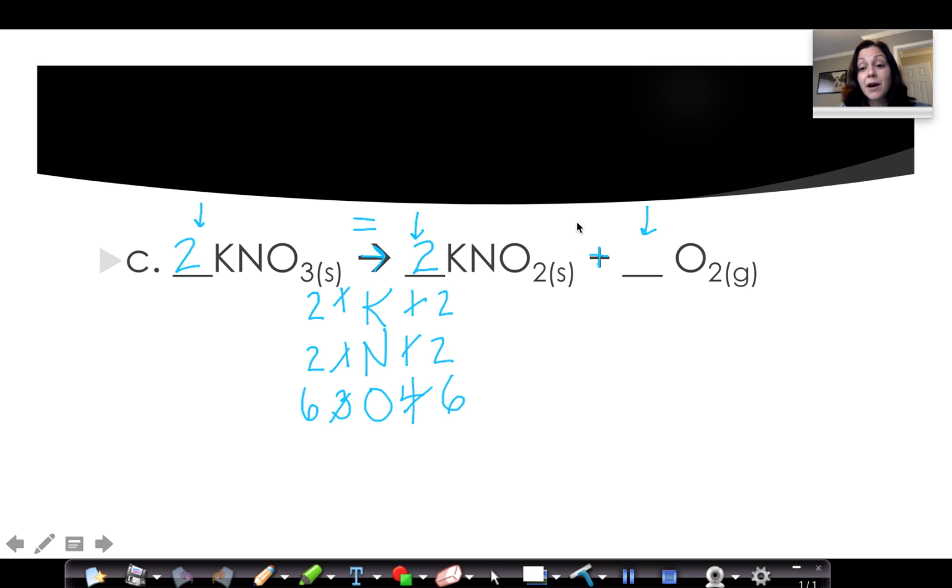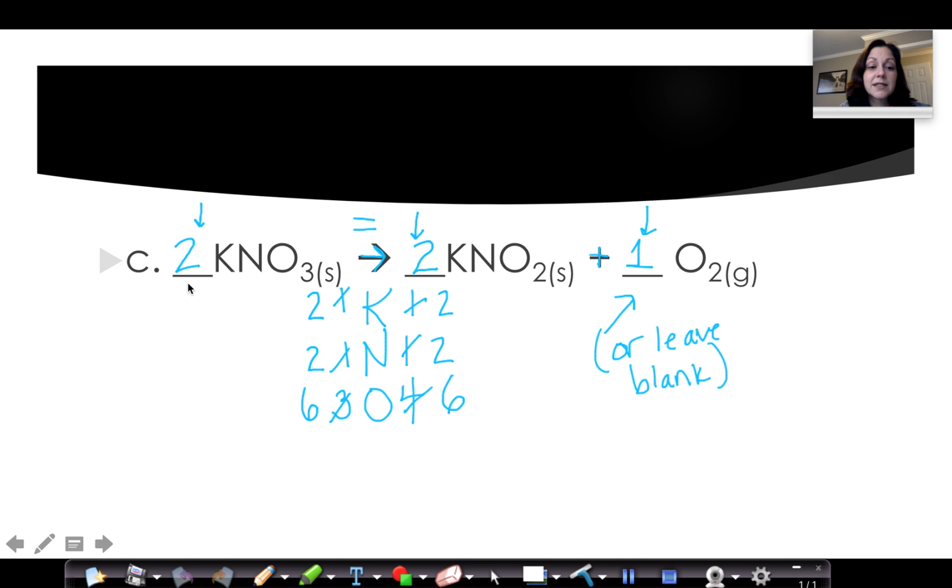So when I add them up, my numbers of moles of atoms are the same on each side, and if I wanted to, I could go ahead and put a 1 here, or I could leave it blank. If I wanted to put the 1 there, I could. If I wanted to leave it blank, I could.